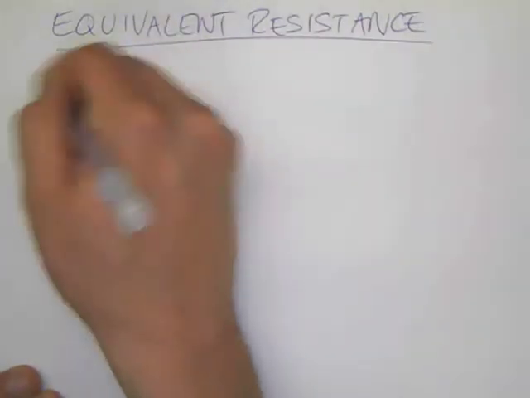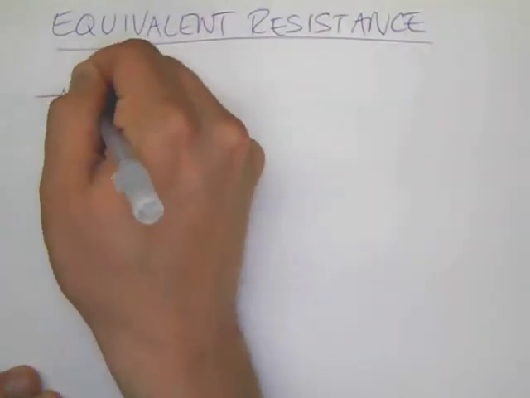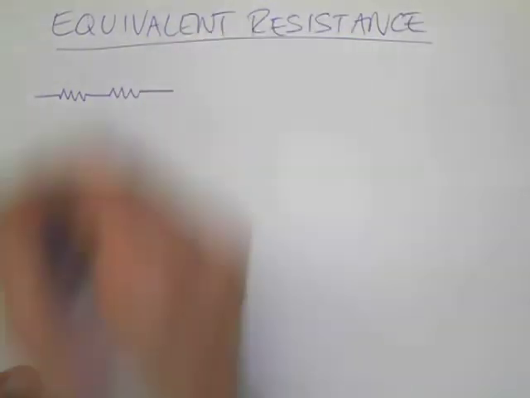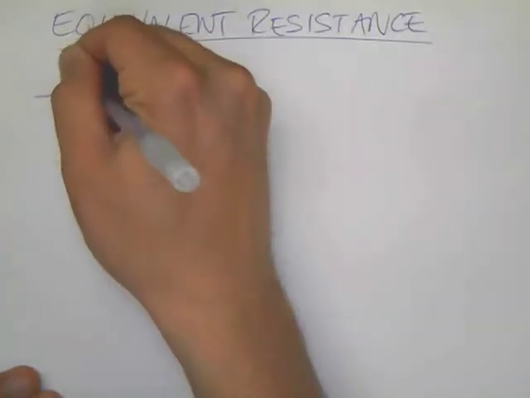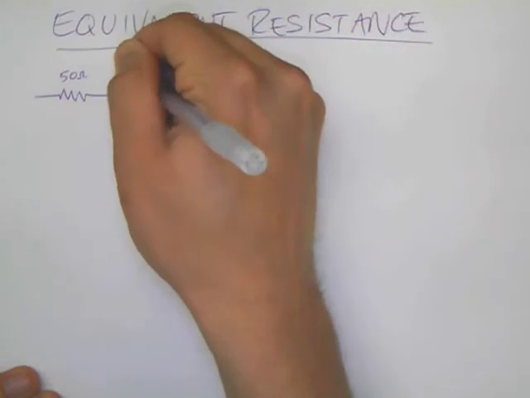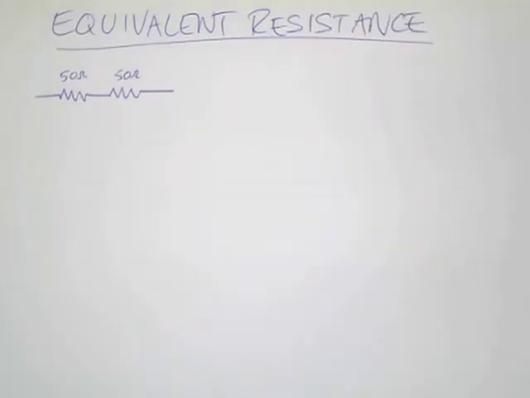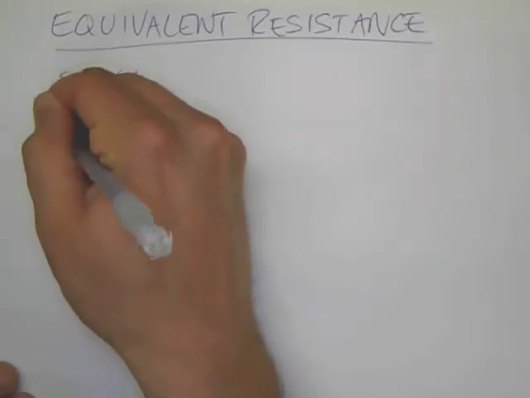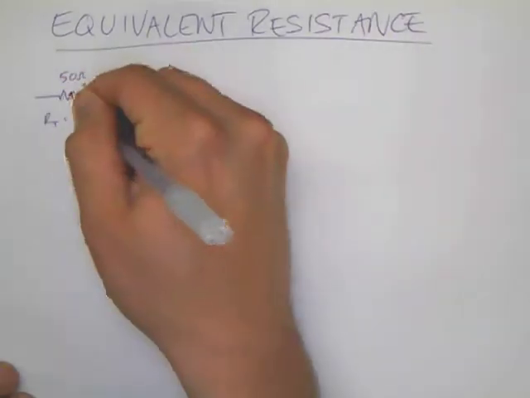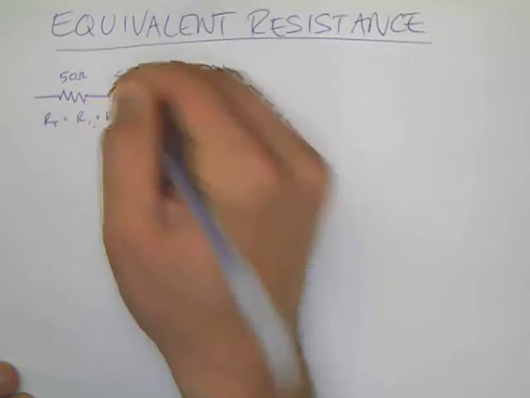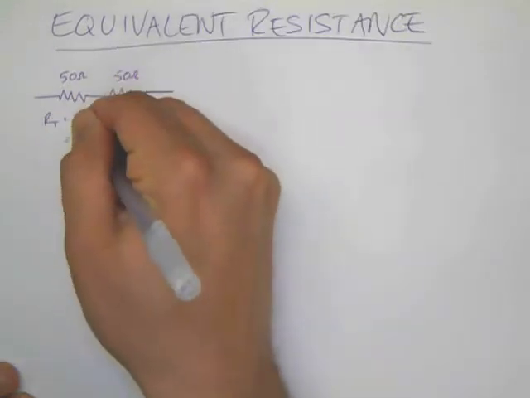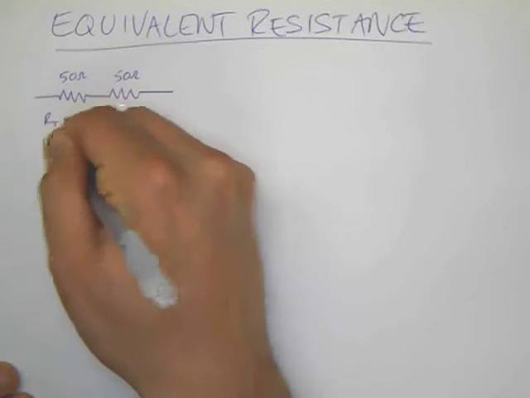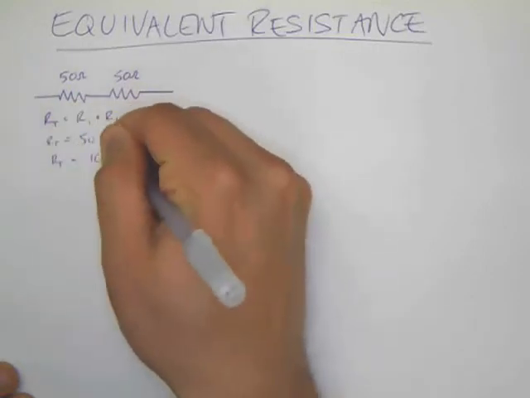So let's start with some very simple examples of equivalent resistance. Let's say I have two resistors that are 50 ohms and I connect them together in series. Well, based upon the series rules for resistance, we would say the total resistance of those two is just the resistance of their individuals added together, and we could say the total resistance is 100 ohms.